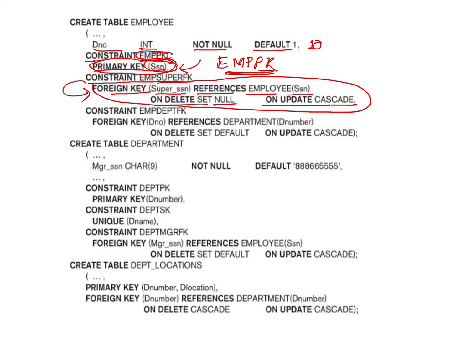This entire thing has been named with a certain name, and that is emp super fk. So a huge name though, but yes, this is the name given to it. So I can give a name to it, and I think rest all things I have already explained.